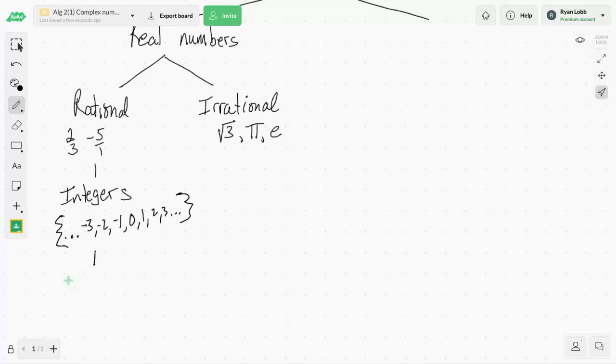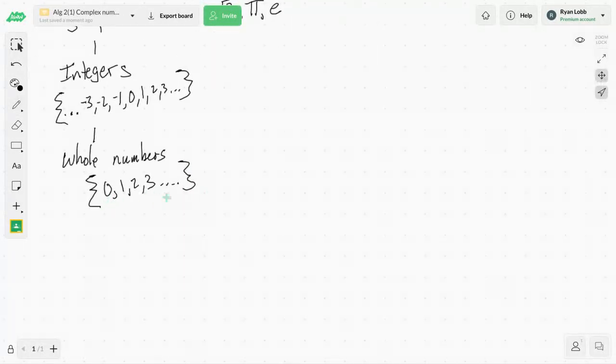Underneath that, we have whole numbers. Whole numbers consist of these numbers: 0, 1, 2, 3, so forth, so on. And you can see then why we can say that if I take all these numbers and multiply them by -1, I get all these numbers.